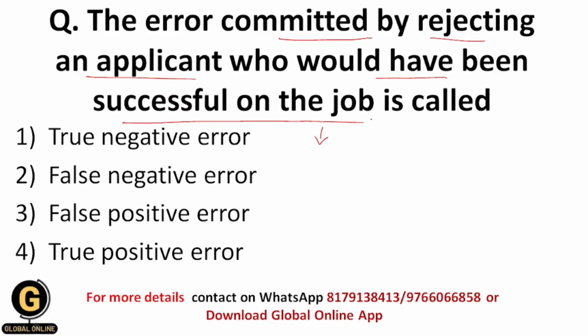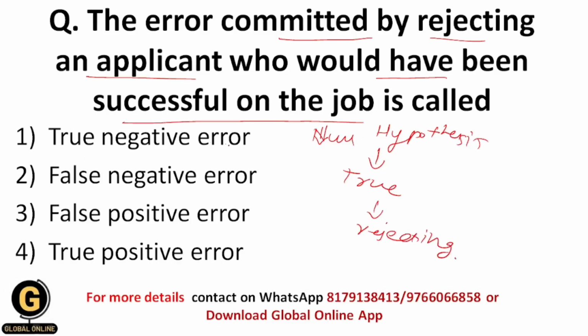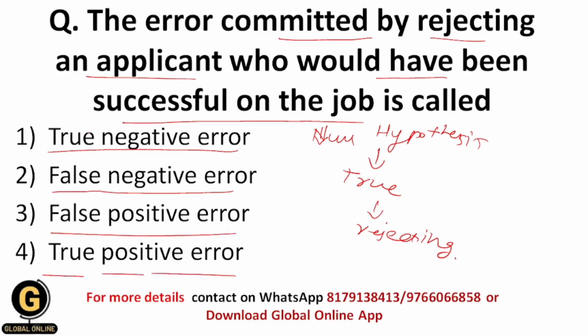It means this is the null hypothesis, which is true, and still we are rejecting it. So this is called what? First is true negative error, second is false negative error, third is false positive error, and fourth is true positive error. You have to answer this question in the comment box.